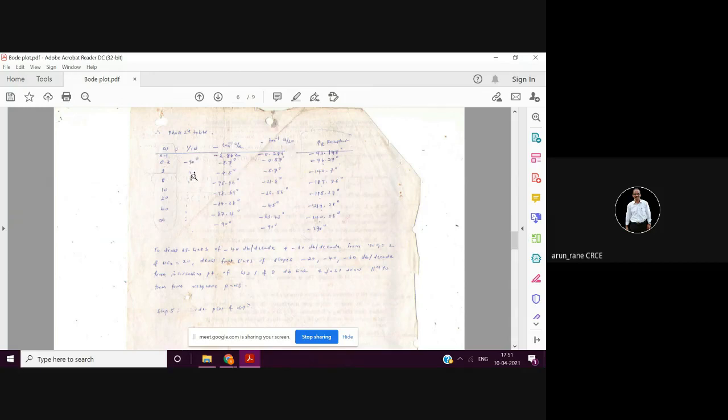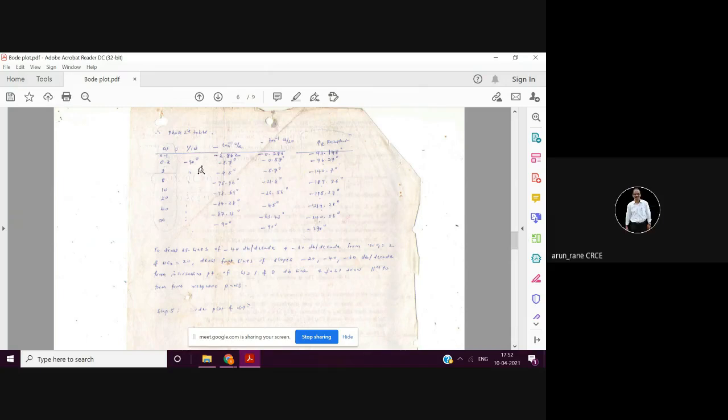Now here put omega 0.2. So 0.2 upon 2. Correspondingly, from the calculator you find out this value. Then again put omega 0.2 in the calculator, and now you have to add this minus 90, minus 5.7, minus 0.57, so you'll get minus 96.27 if omega is 0.2.